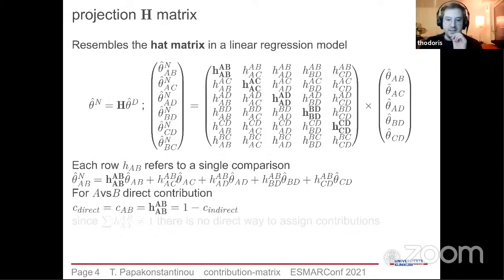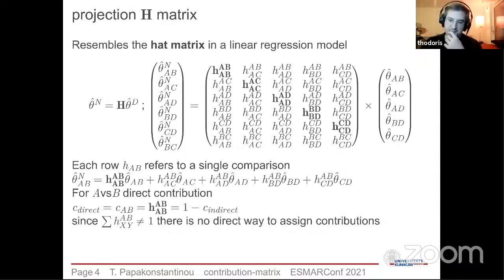The contribution of studies having directly compared A versus B, which is also called direct contribution, is by definition equal to the respective element of the H matrix, which is here in bold font. And this means that simply normalizing the H elements is not a solution, given that the sum of the H row elements is not 1 in general.